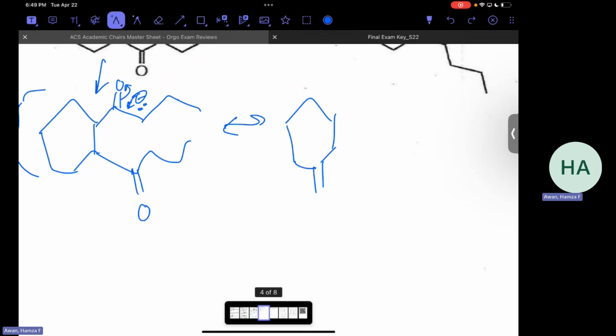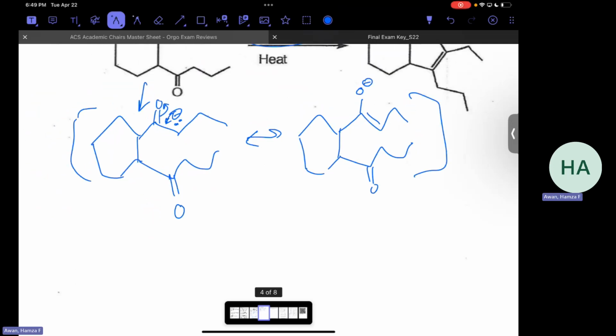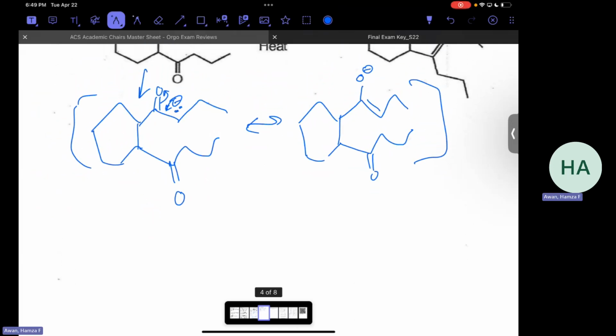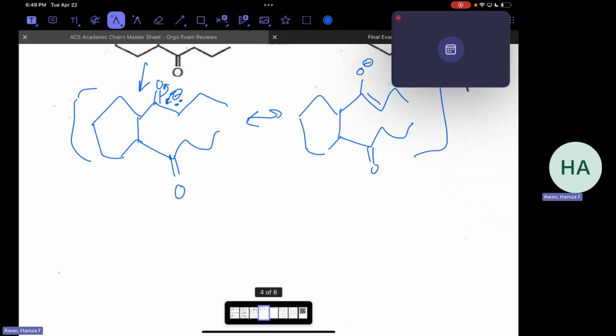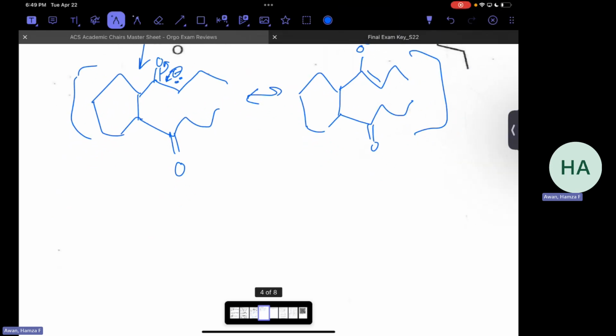So that is not where the O is supposed to go. Single bond. So these are both resonance contributors, but we're still going to be using the left one as the reaction.